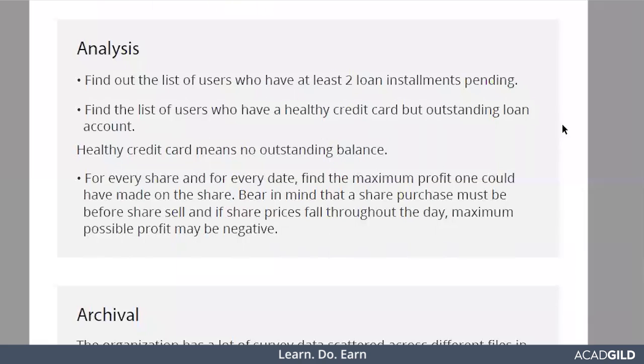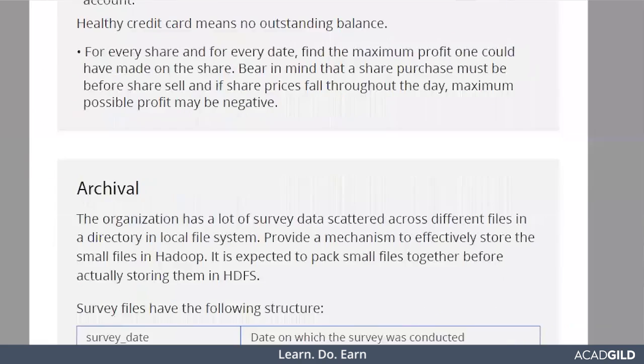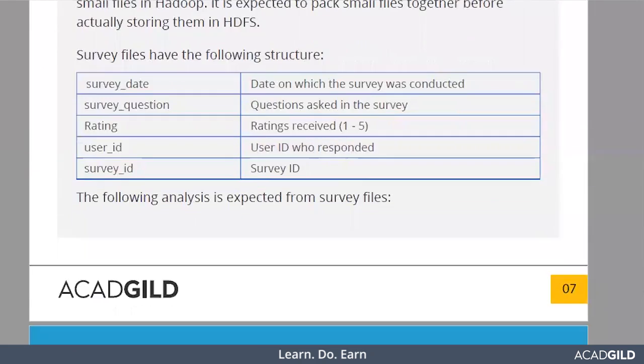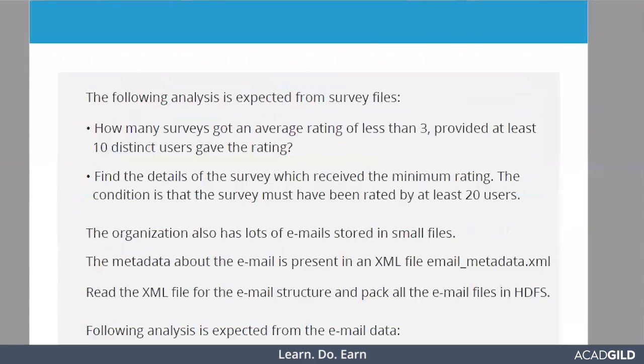Now let's see the problem statement. So these are the various fields. If in case you are confused what a field means, these are the different fields. The very first problem statement is how many surveys got an average rating of less than 3, where in the survey 10 distinct users gave their rating.